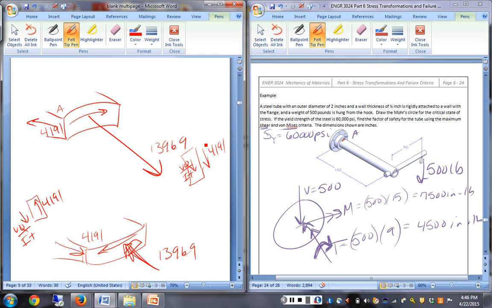So when we're analyzing for combined loading, we have to figure out where the max normal stress is, and then go from there. If there is no normal stress at a location, it is just considered to be negligible. If you have any question as to whether this is negligible, go ahead and calculate VQ over It.